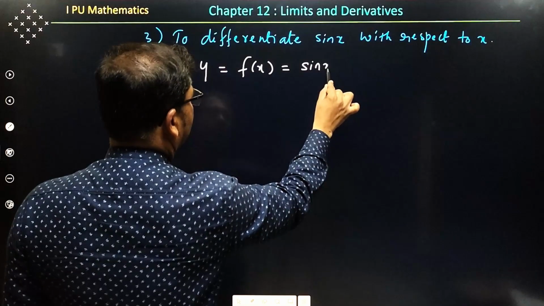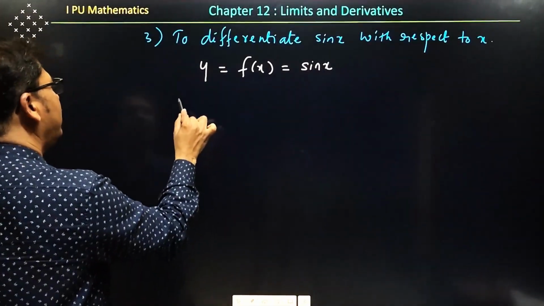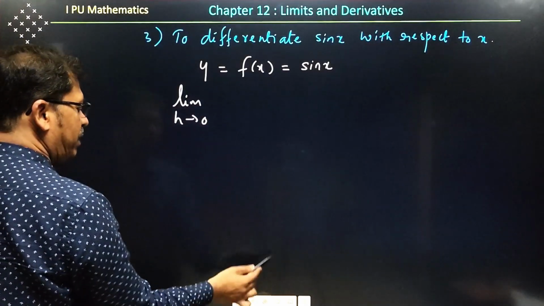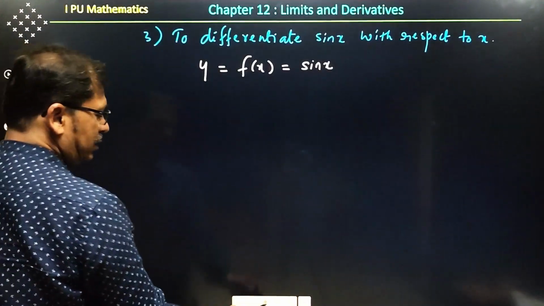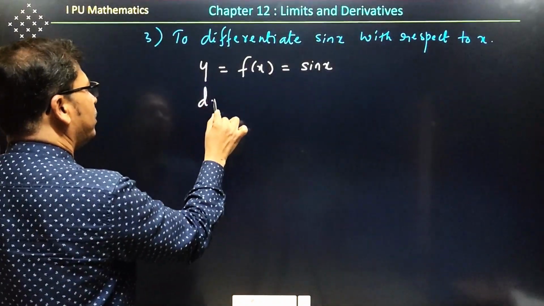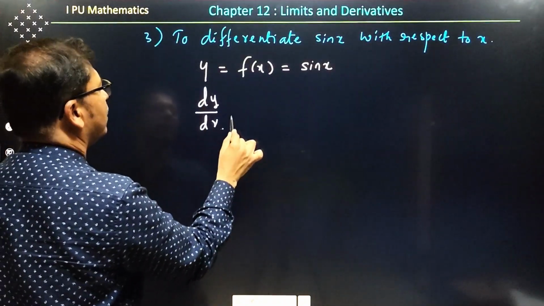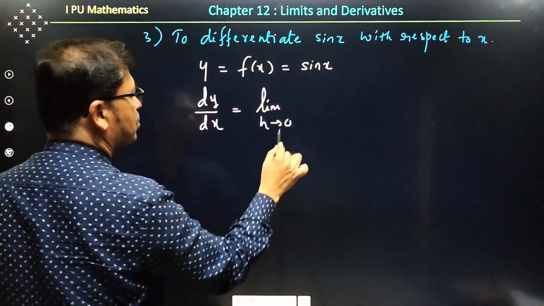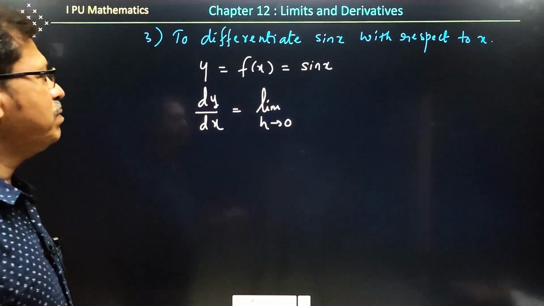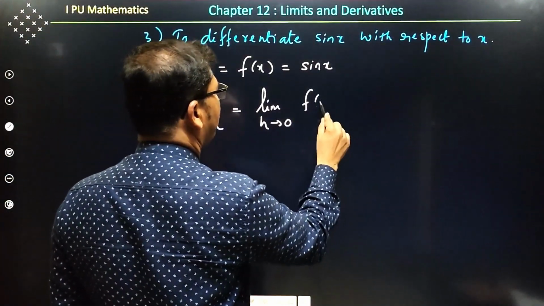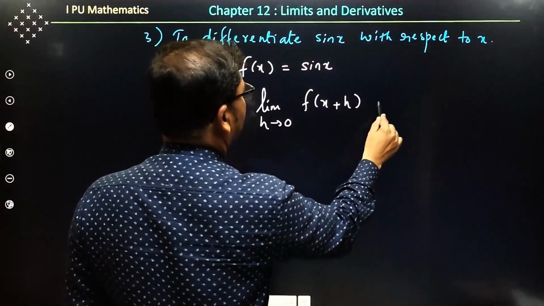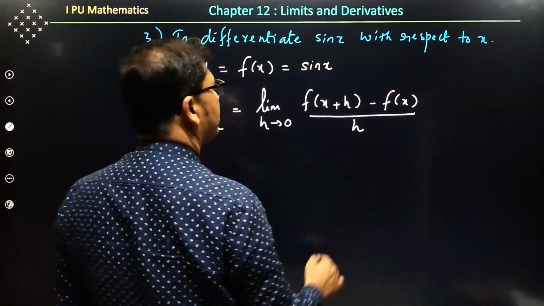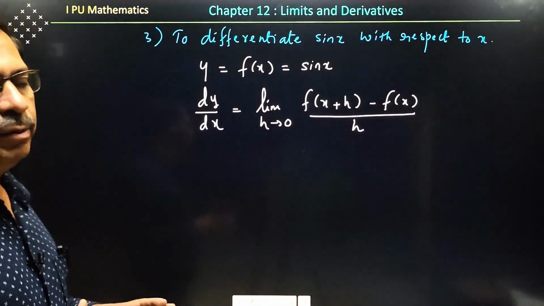My motto is to apply the definition: dy by dx is equal to limit h tends to 0 of f of x plus h minus f of x, whole divided by h.